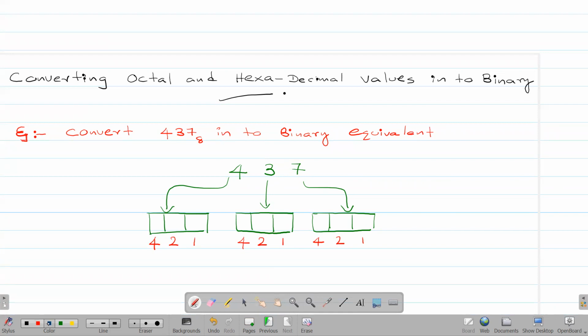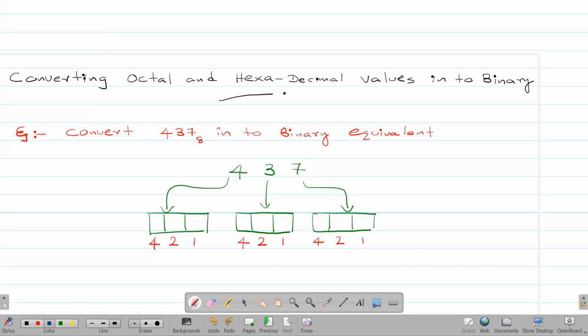So now what we are going to do is fill these small squares in a single group using these values. Right?